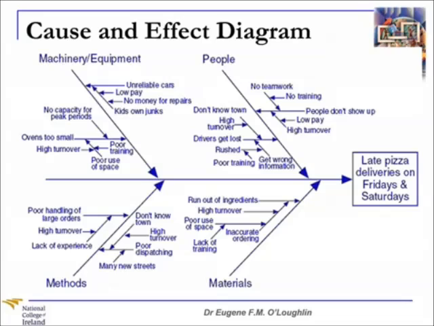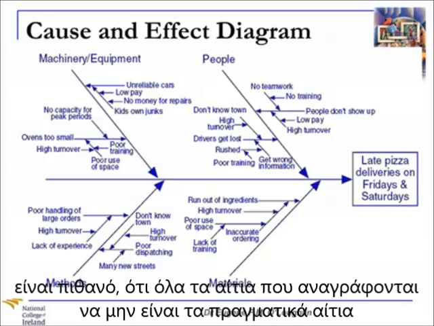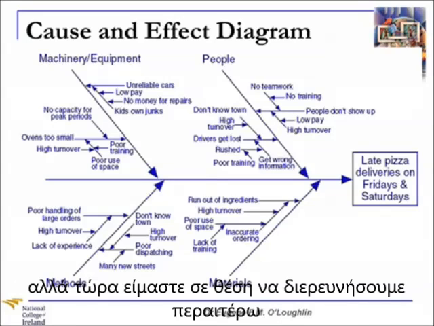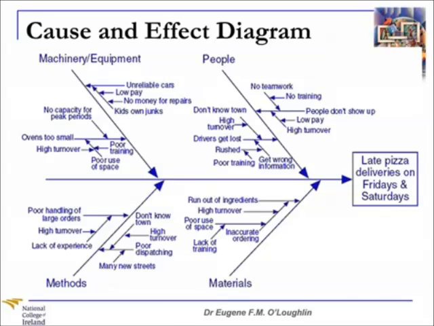Now, it may well be that not all the problems identified here are actually the reasons why late deliveries of pizzas on Friday nights are happening, but now we're in a position to investigate which one or which group of problems, maybe two or three problems here, is causing the problem, and we can now investigate that. We have a better understanding of what it is that we are looking for, and hopefully we will be able to solve the problem of late delivery of pizzas, or use a diagram like this to solve many problems that we face.